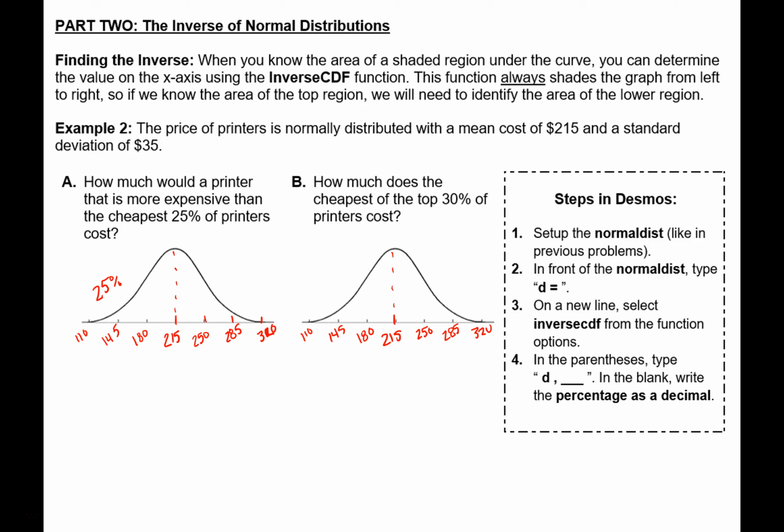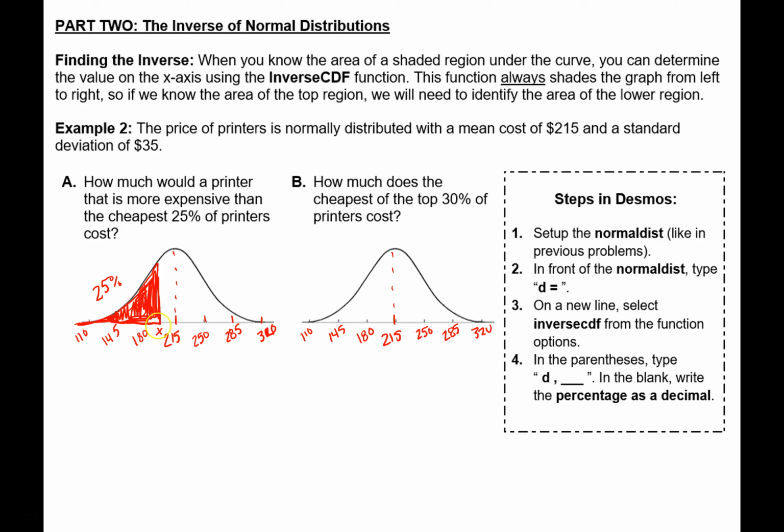Using the empirical rule, I know that this section is 2.5%, and if I add a little more, that's 13.5, so that's 16%. I'm still not there. But this section is 34%, so I'm only going to add in part of it because I'm trying to look for the shaded region that gives us 25%. So that's roughly an area of 25. And what we want to know is what that x value is.